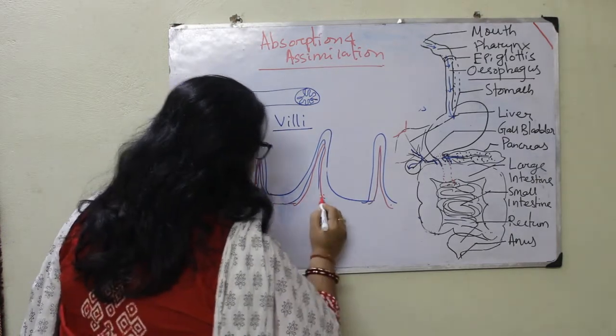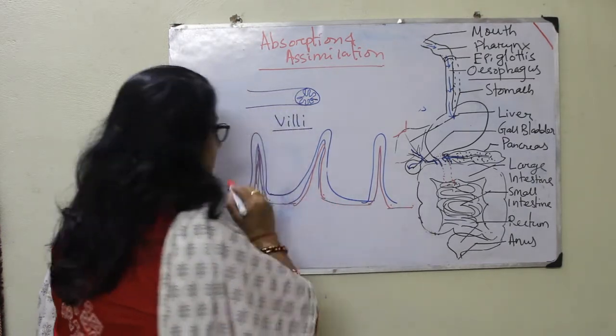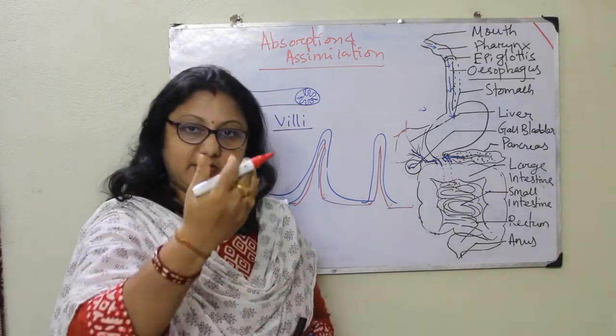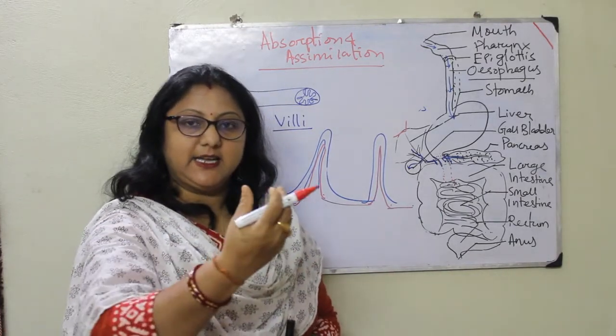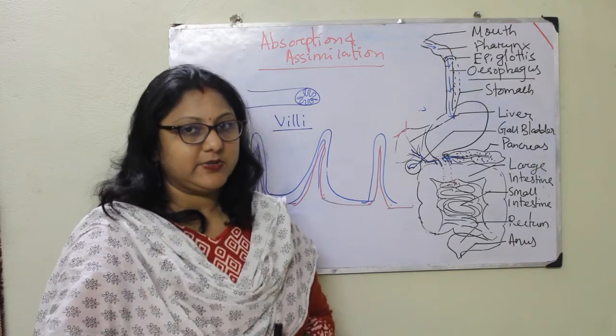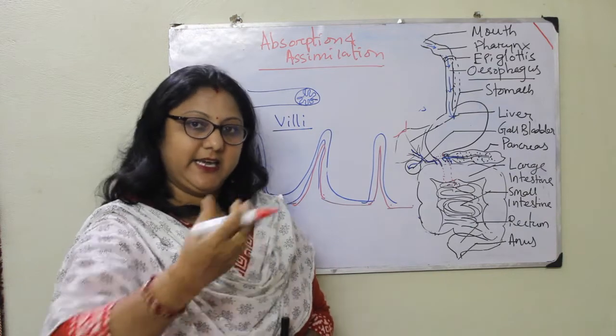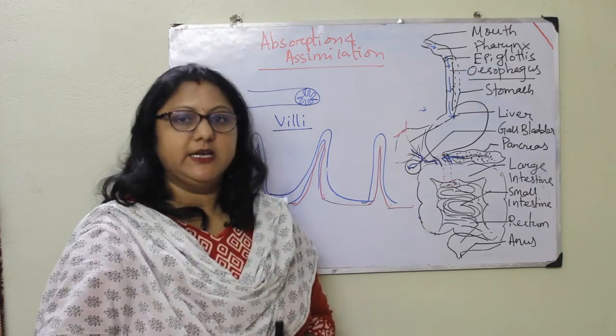Now as it is richly supplied with blood vessels, whenever the food comes in contact with the villi cells, they absorb the food by the endocytosis process. You have studied endocytosis in class 9, taking in something which enters into the cell.